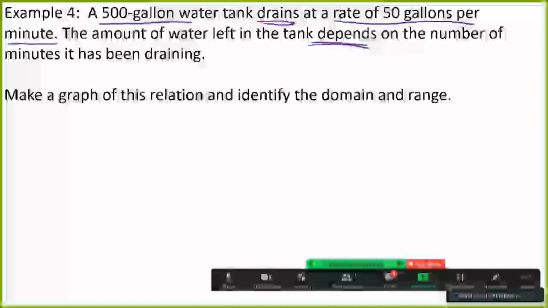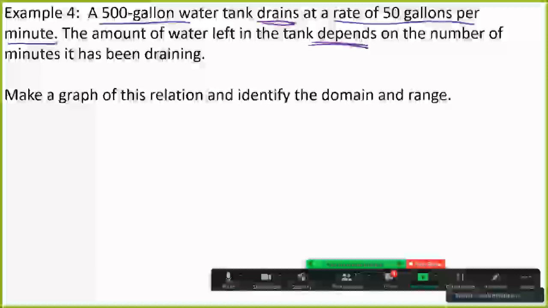Dependent. They're kind of telling us a clue this time, an independent and a dependent variable. Make a graph of this relation and identify the domain and the range.